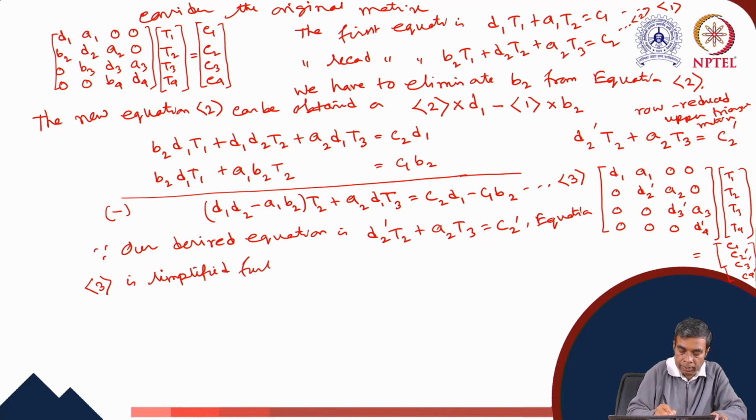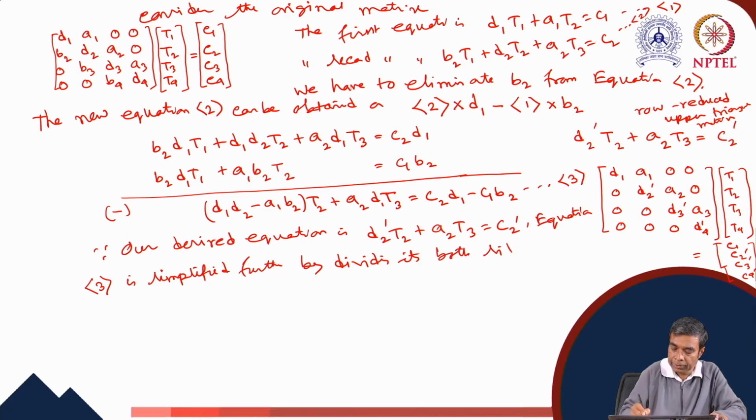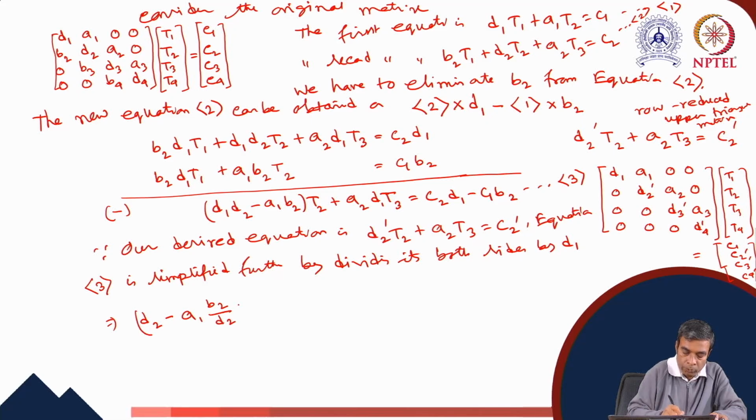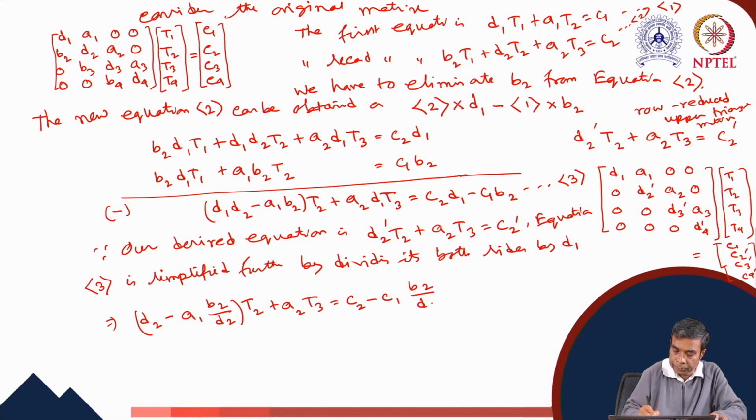further by dividing both sides by d1. This gives us d2 minus a1 into b2 by d1, into t2, plus a2 t3, equals c2 minus c1 into b2 by d1.